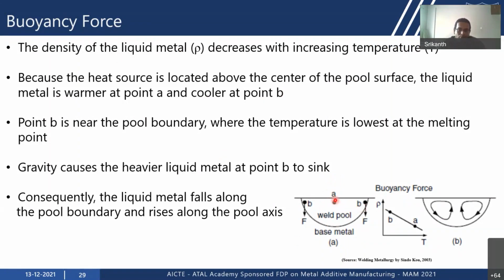Since the heat source is above point A, A will be hotter than point B, so the temperature at point B is lower than at point A. So naturally, the density of the molten metal at point B will be higher than at point A. Therefore, gravity will cause the heavier liquid metal at point B to sink. Consequently, the liquid metal will fall along the pool boundary and rise along the pool axis. This is because of the buoyancy force.